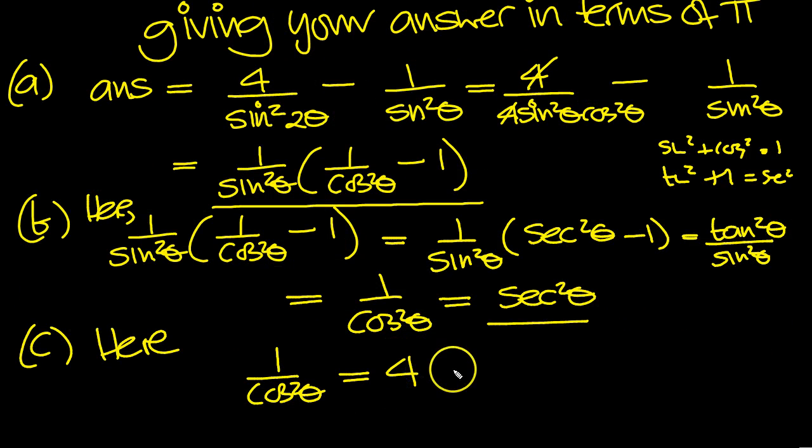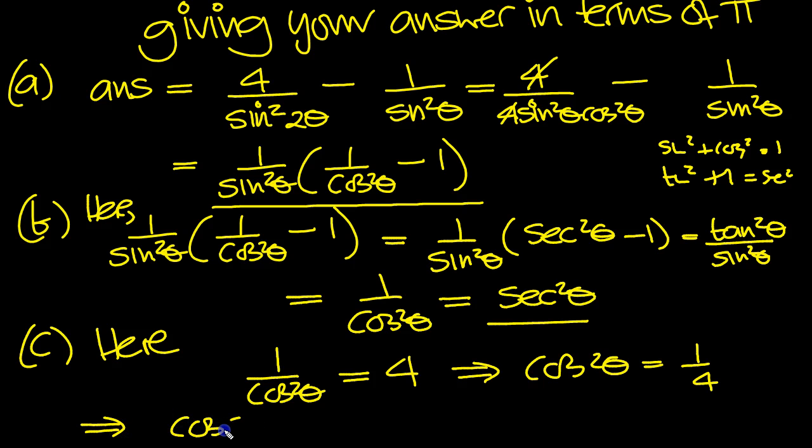Okay, so we got that. So that tells us that cos squared will equal 1/4. And that tells us that cosine theta, square root both sides, is either equal to a half, or cosine theta is equal to minus a half.